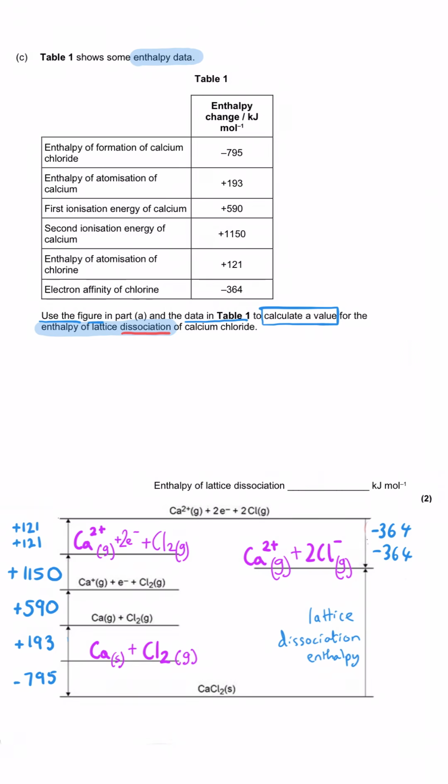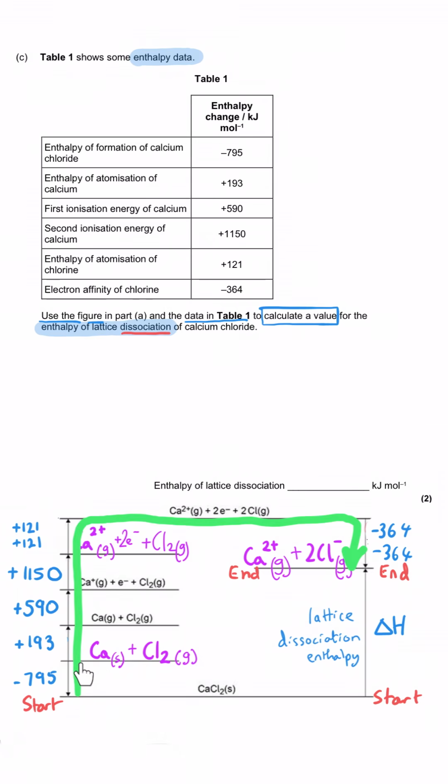And then you're trying to work out what the value for this arrow is, so starting here and finishing at the top of the arrow. And so when you use a Born-Haber cycle in this way, what you do is you move the other way around to end up at the same place. So the key thing is that we start on this line and we finish on this line. So what we end up doing is we end up going up here, so we're going against that first arrow, so that is minus 795, so plus 795.